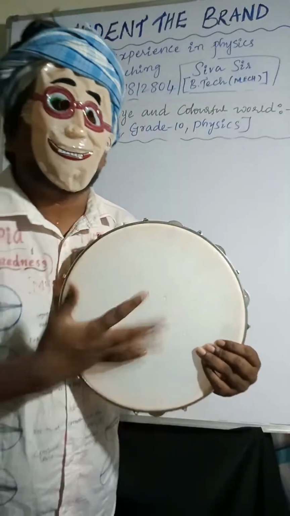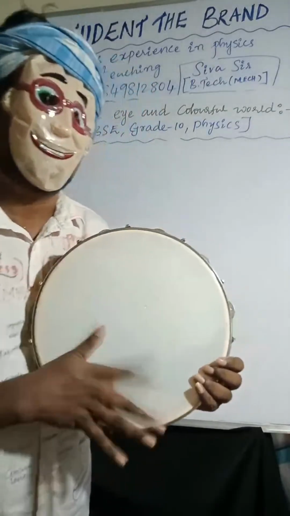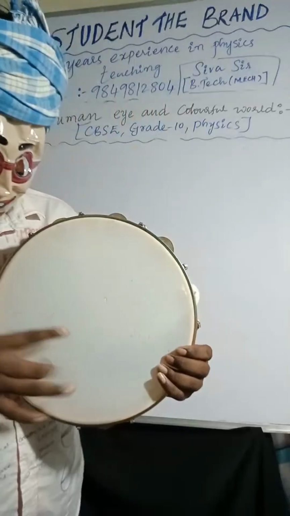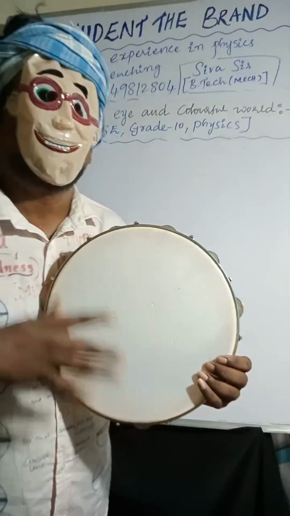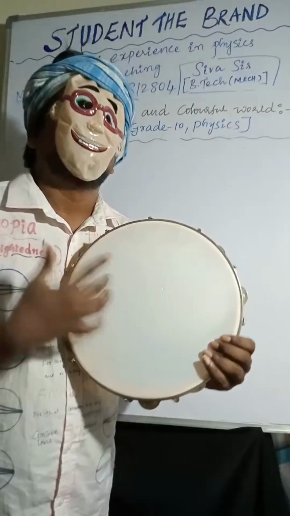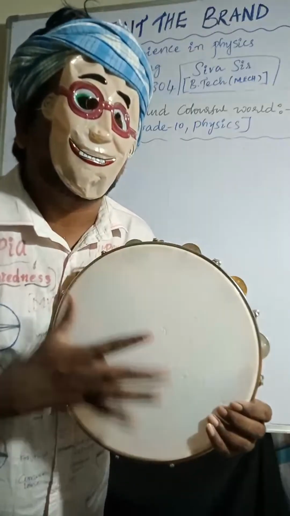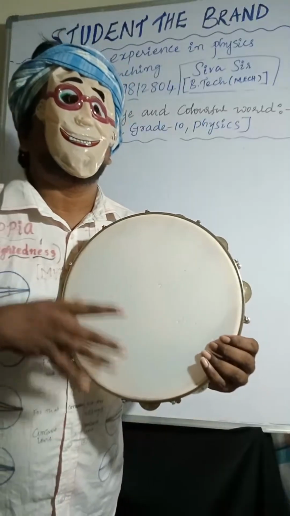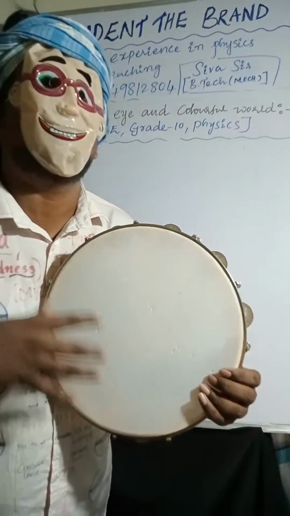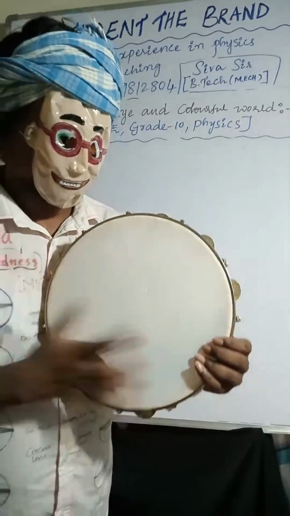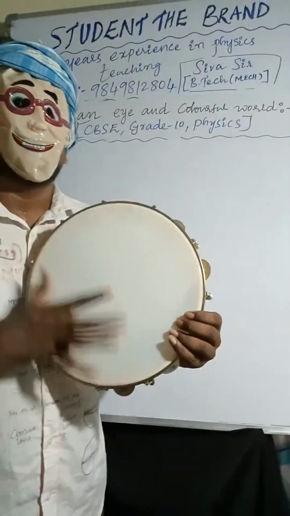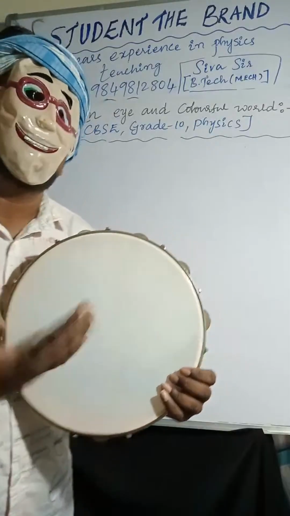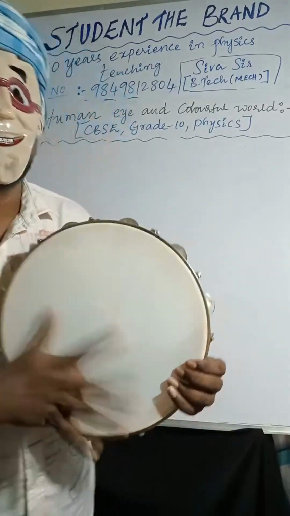For that correction, we are using a convex lens. Hypermetropia, convex lens.